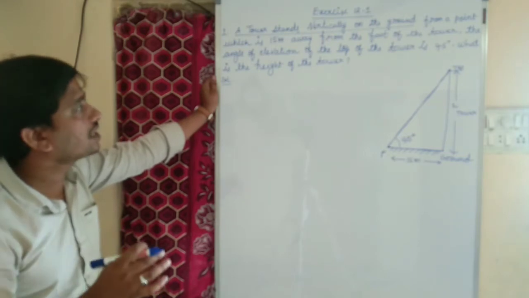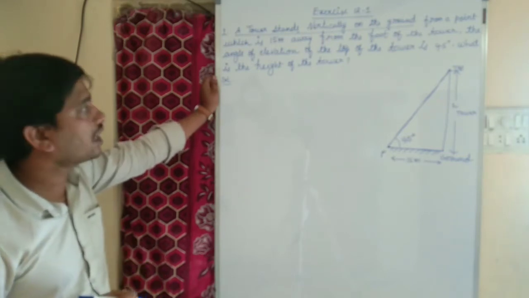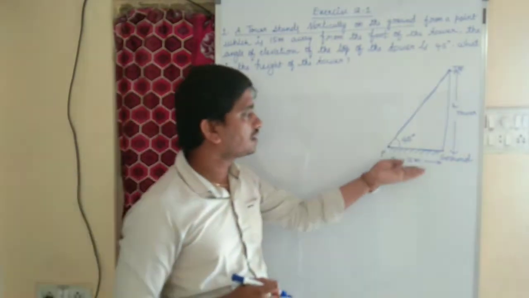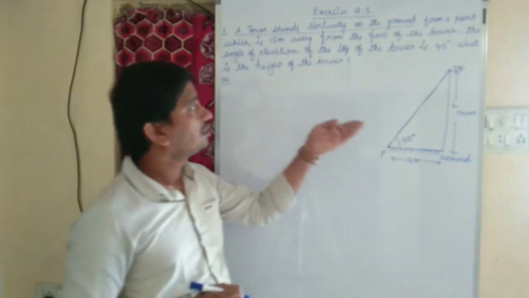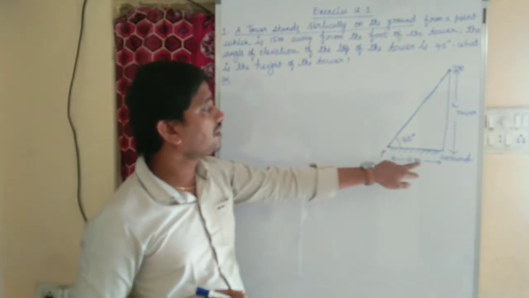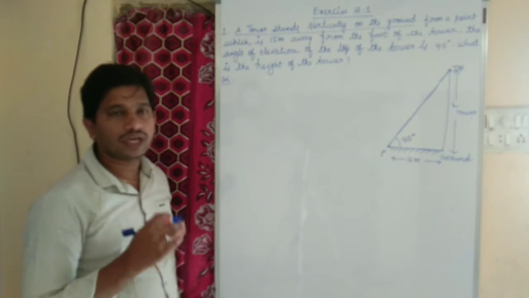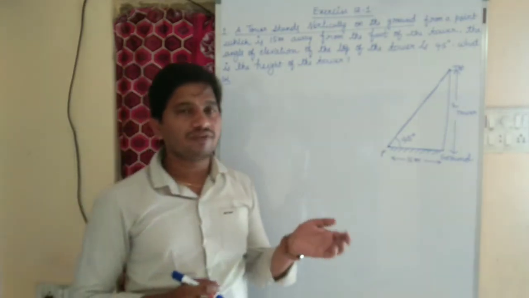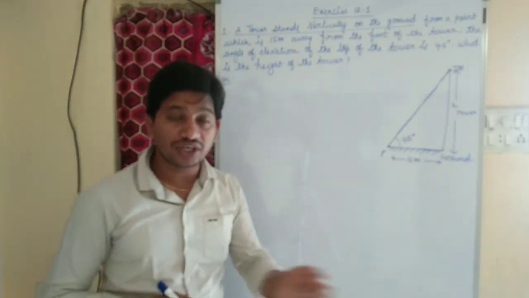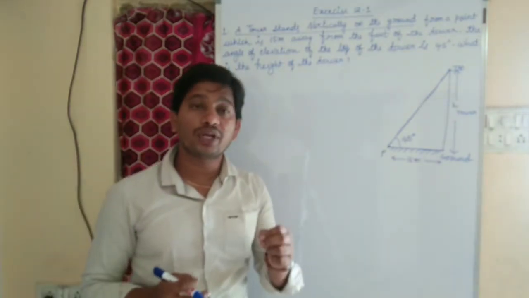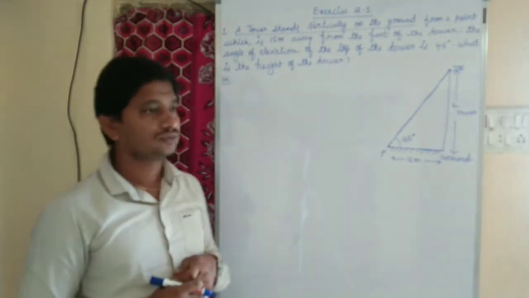So, what is the unknown quantity here? The unknown quantity is the height of the tower and the known quantity is the point which is 15 meters away from the foot of the tower. So, we have to find the relationship between the unknown quantity and the known quantity, and choose the appropriate trigonometric ratio, right?